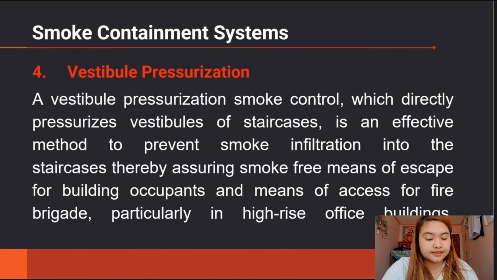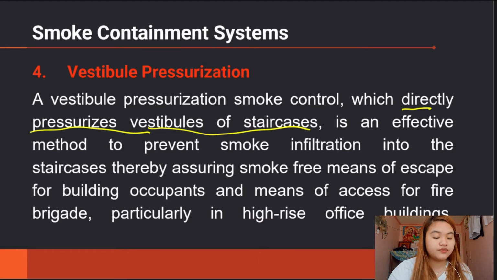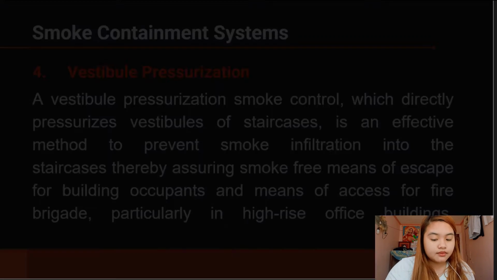These are directly pressurized vestibules in the staircases. It is an effective method to prevent smoke infiltration into the staircase, thereby assuring a smoke-free means of escape for the building occupants and access for the fire brigade. This is particularly used in high-rise buildings, which are very tall.